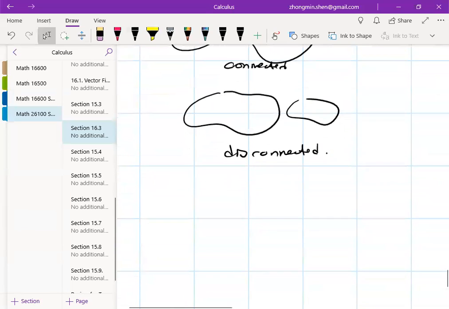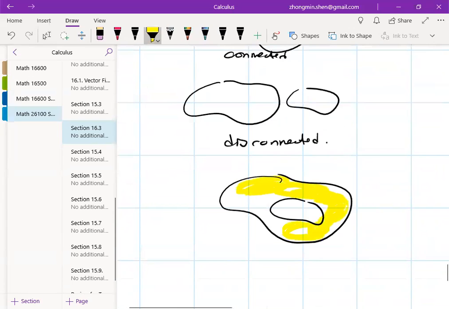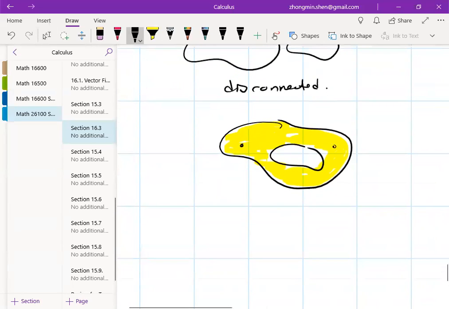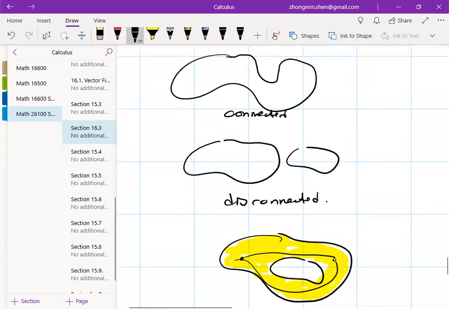This is connected too, right? Because any two points, you can always find a path. But you see the difference between this one and the first one, right? The first one has nothing empty inside. You can shrink it to a point.